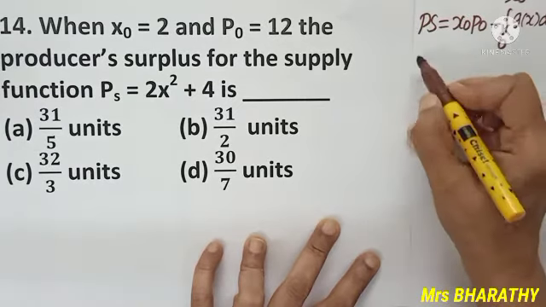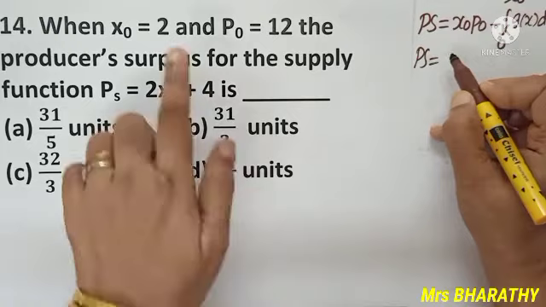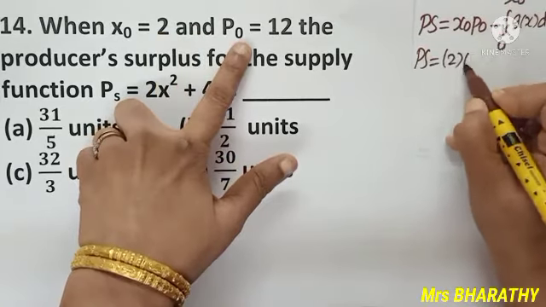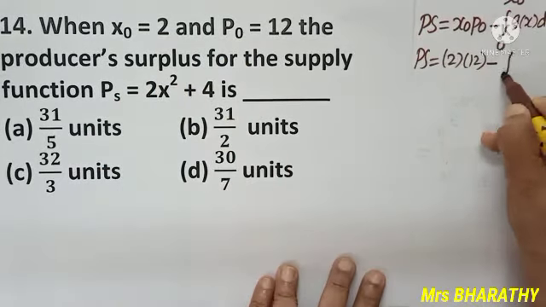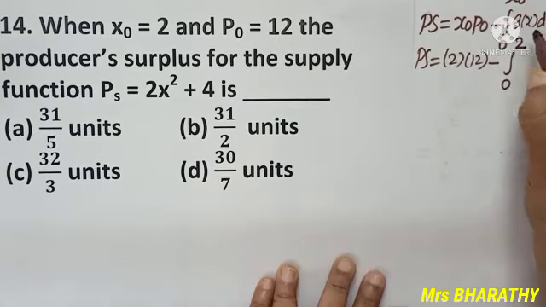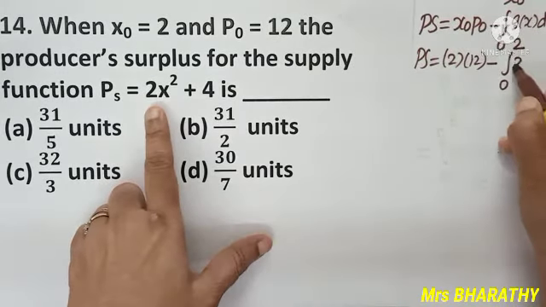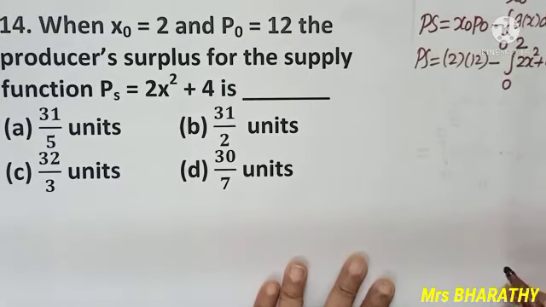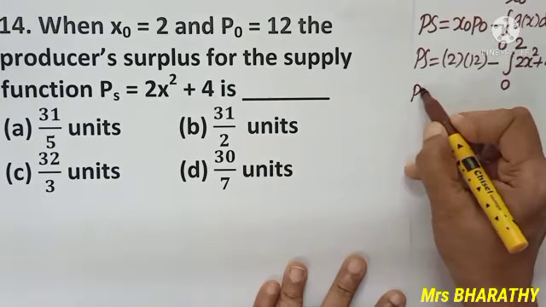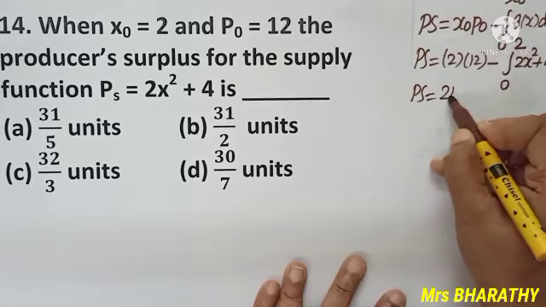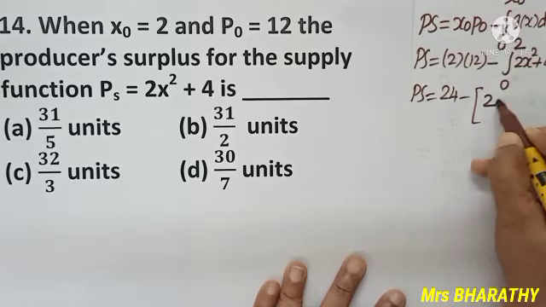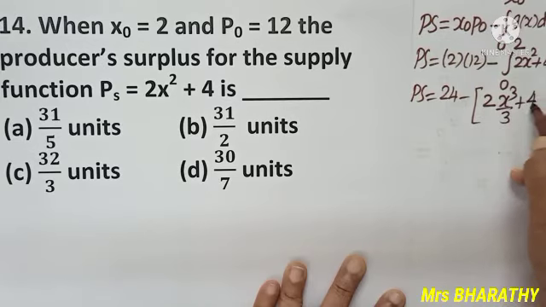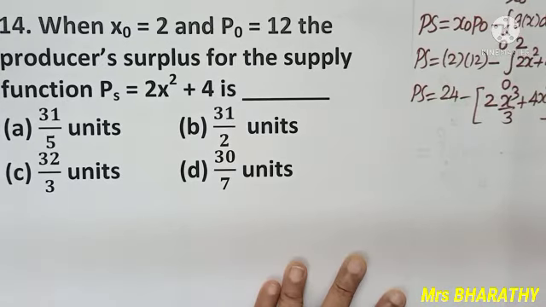In this question, x naught is 2, p naught is 12, so 2 into 12 minus integral 0 to 2. The supply function is 2x square plus 4 dx. As we try to integrate, 2 into 12, 24, 2x square becomes 2x cube by 3, plus 4 becomes 4x between the limit 0 to 2.